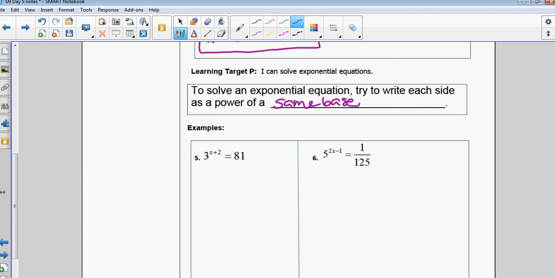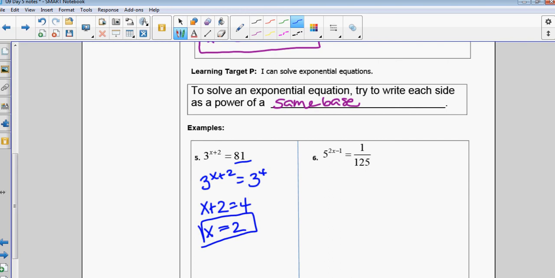And I think to myself, oh, 81, that can be a power of 3. So I'm going to rewrite that. So I have 3 to the x plus 2 is equal to 3 to the 4th. Now my bases are the same, so my exponents must also be the same. So x plus 2 has to equal 4. And you can solve that and you get x equals 2.